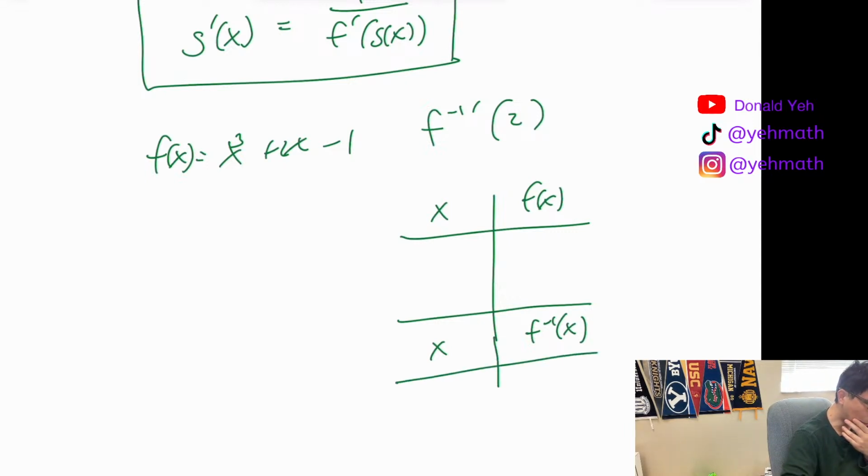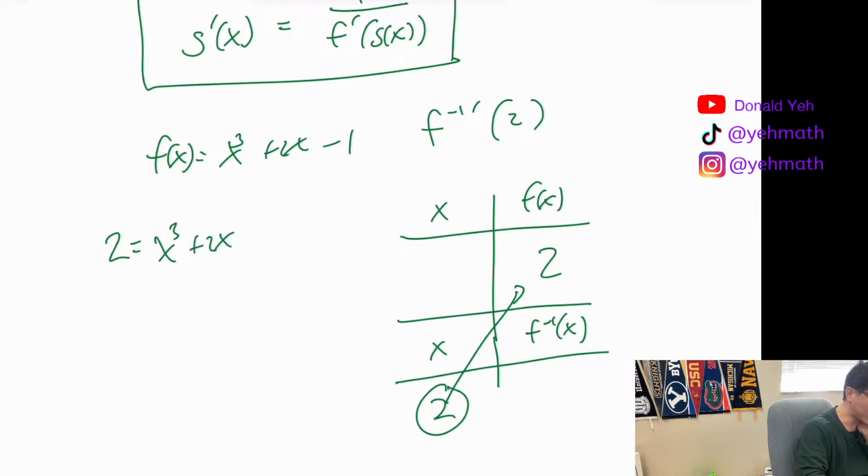We obviously want this to be 2. Since it has a coordinate swap, I can put the 2 in the y of the function. So 2 equals x cubed plus 2x minus 1. I'm going to solve it: x cubed plus 2x minus 3.